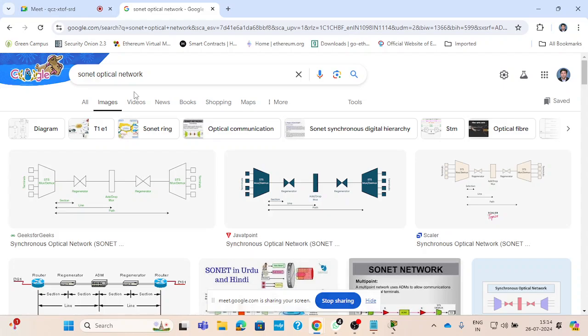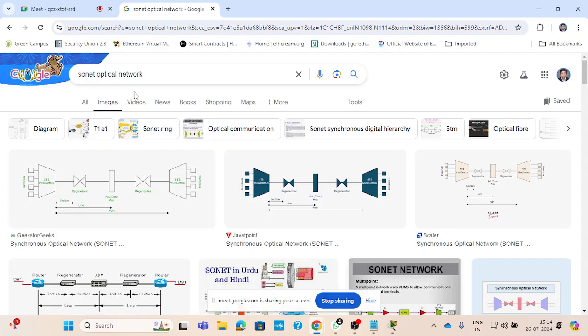When you are having WAN switching, how will you identify the path from here to here? All the networks are connected with each other. For example, this is your source and this is your destination.